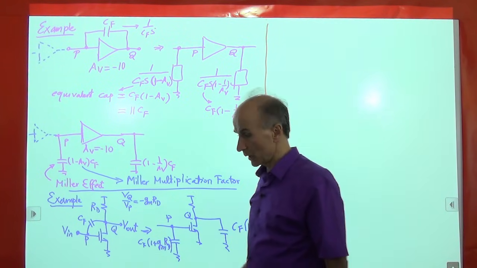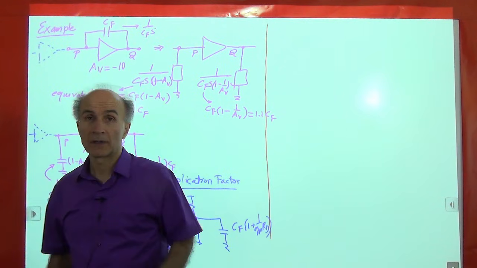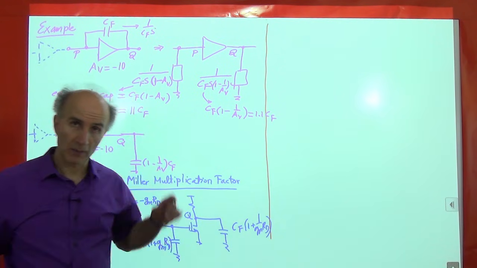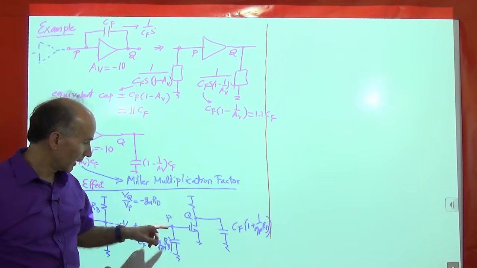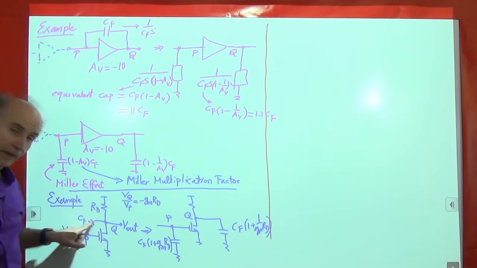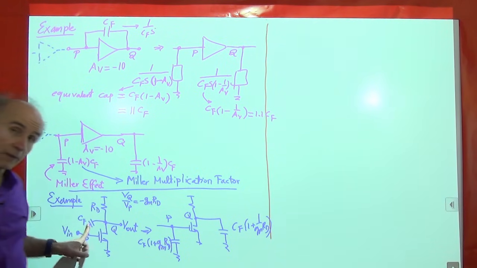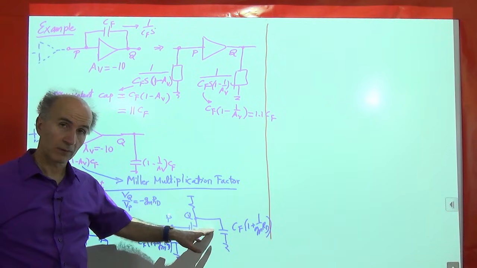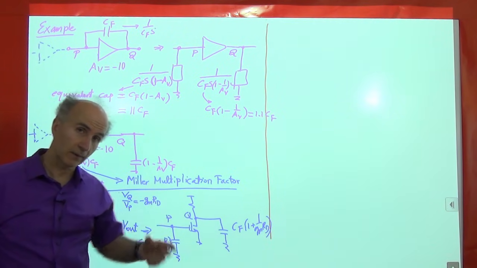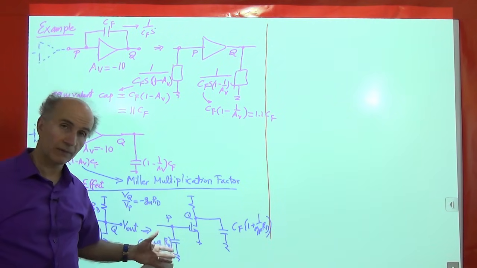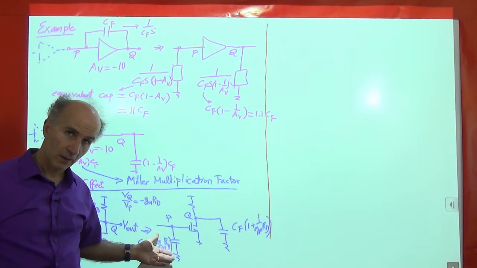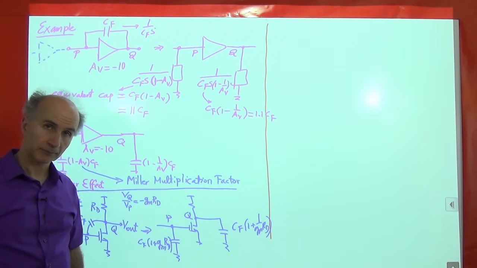Okay, so it's very simple, right? We took the troublesome situation, which I mentioned at the beginning of this lecture, namely a capacitor connected like that, and we decomposed it into two grounded capacitors. So now we can associate poles to these nodes, and find the poles by inspection. And it's pretty simple, right?